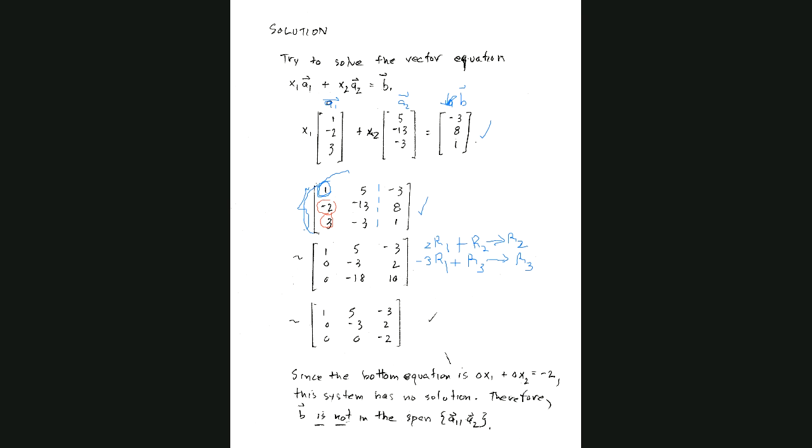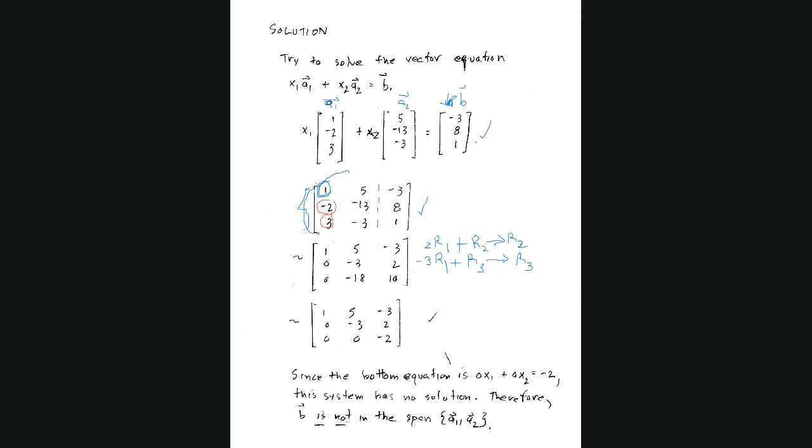Now, remember what we're asking here. We're trying to see if B is in the span of A1 and A2. Right now, I just want to see if it's possible. So I'm not necessarily worried about going to reduced echelon form, but I am worried about getting the matrix in echelon form. I'm not going to convert -3 to a 1.